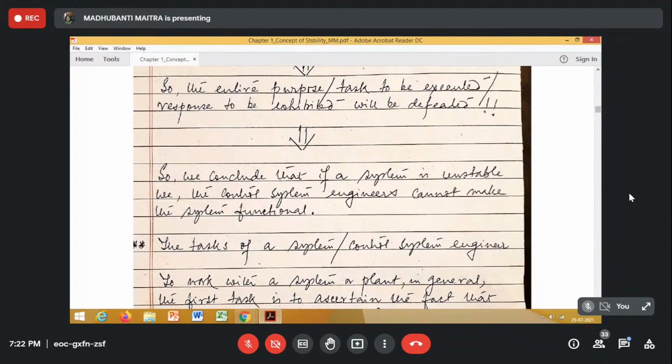So we conclude that if a system is unstable, we, the control system engineers, or simply the system engineers, cannot make the system functional.